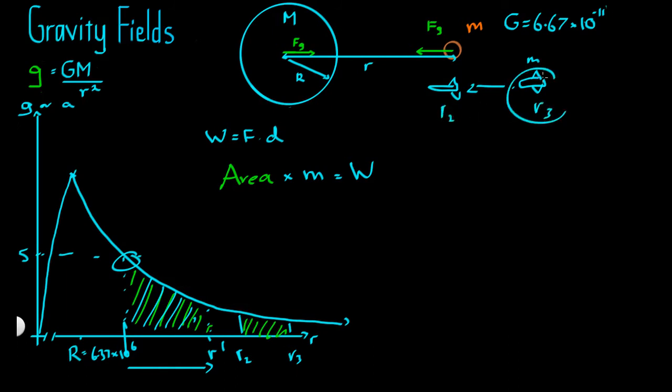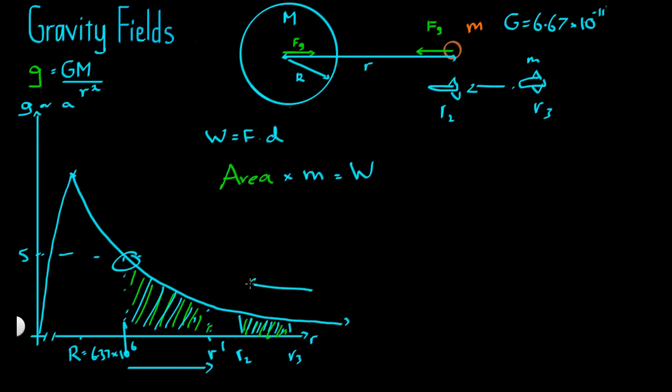So if I'm moving from R3 here to R2 here, if I take the area under this graph and multiply it by the mass of my spacecraft, I get the work done by gravity on me.